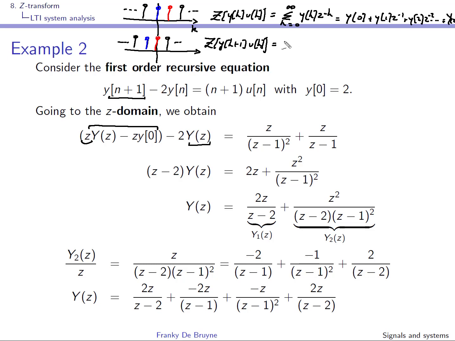one-sided transform, and we have to therefore consider a sum where k goes from 0 to infinity of y_{k+1} z^(-k). The first term when k is equal to 0 is y1 z to the power 0. Okay, so indeed it's y1 that you see here. It's the first signal in this shifted signal that corresponds to an index 0.